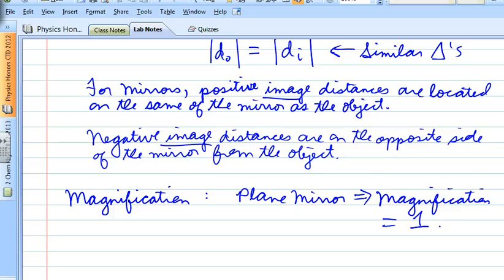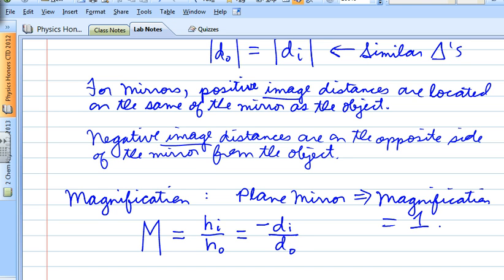And so there's two definitions of magnification. It's a capital M, and it is defined as the image height divided by the object height, or it is the negative of the image distance divided by the object distance.